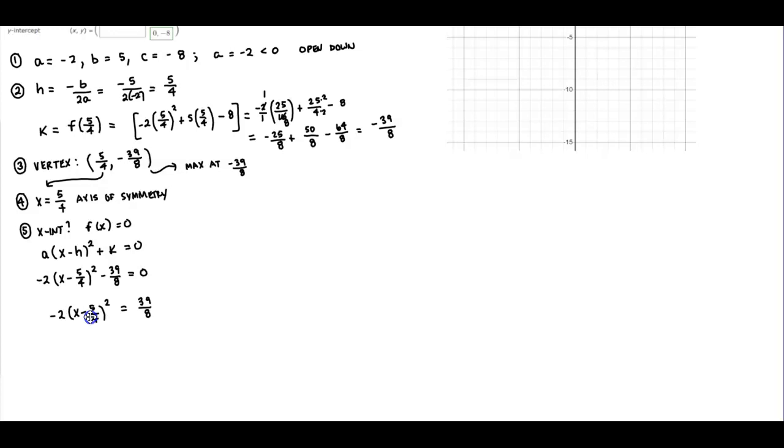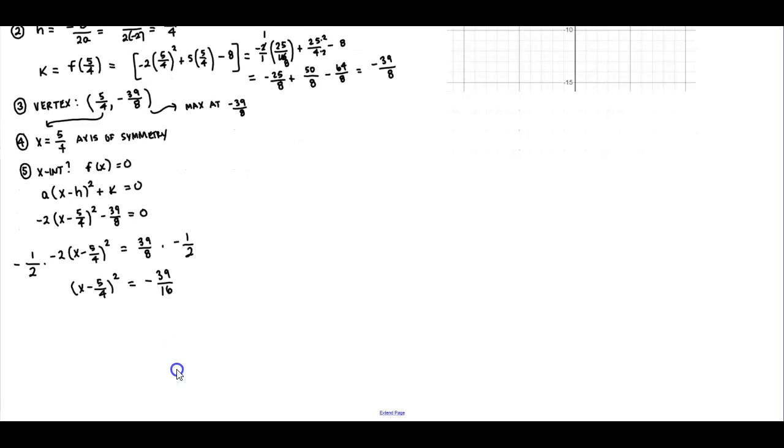So we multiply this side by negative 1/2, and multiply this side by negative 1/2. So that means what's left here is x minus 5/4 squared, which is going to equal negative 39 over 16.